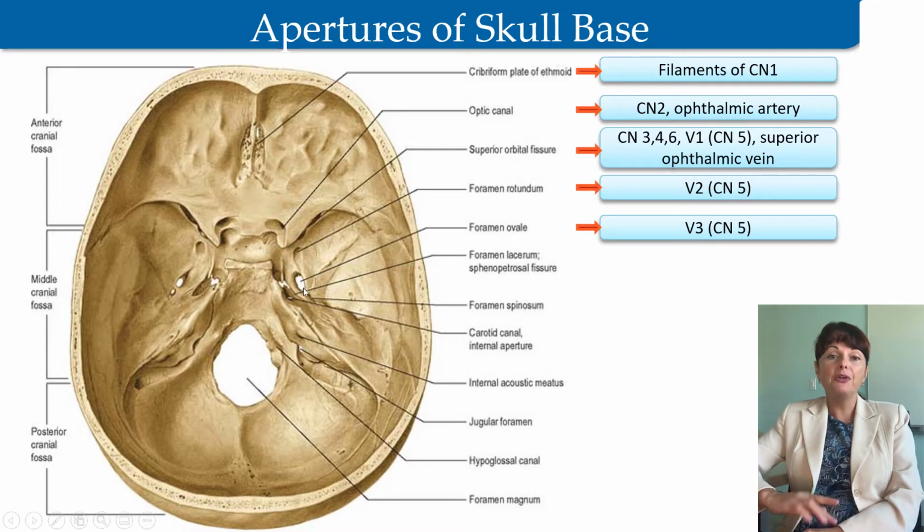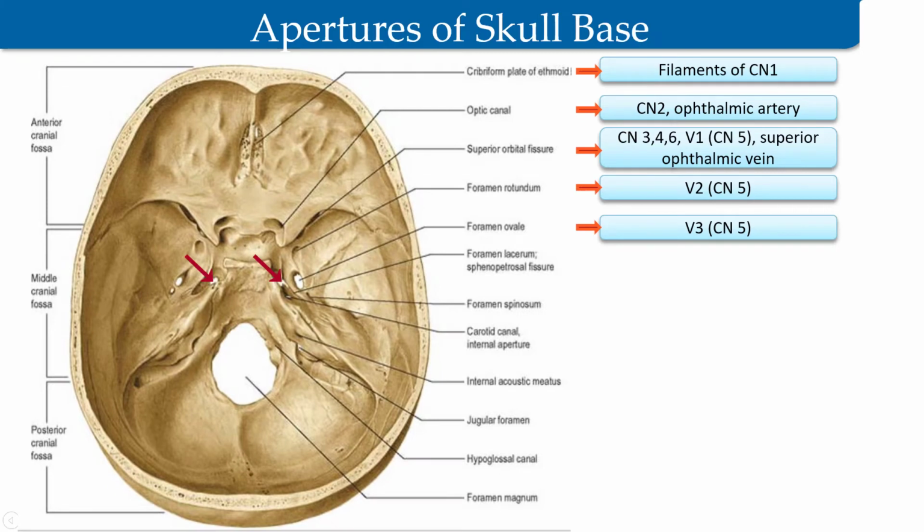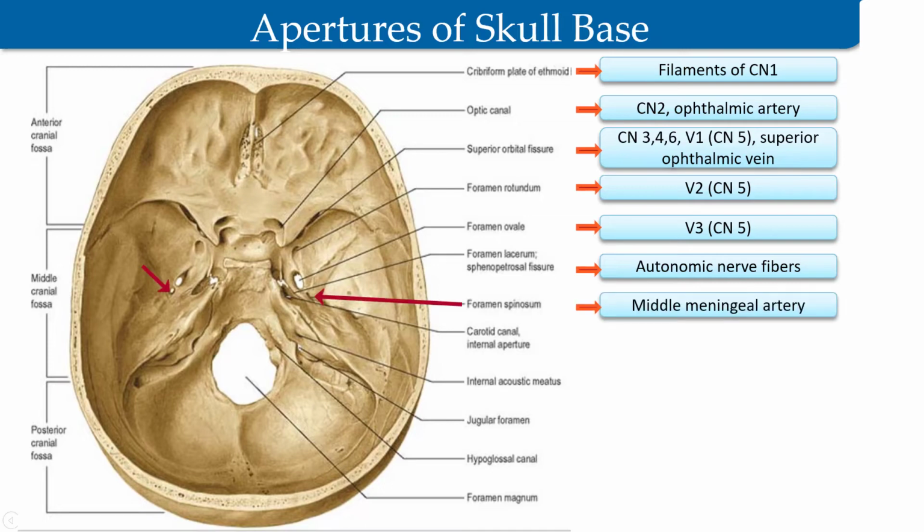That is the third division of the trigeminal nerve, V3. The foramen lacerum gives passage for some autonomic nerve fibers. We'll study them a bit later in the neuroscience course. The smallest aperture, the foramen spinosum, is for the middle meningeal artery.